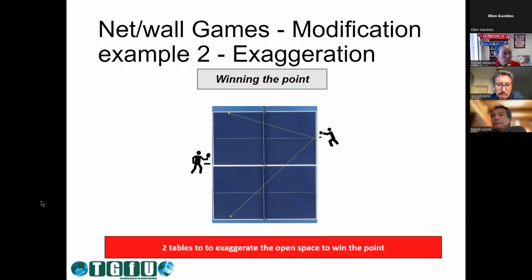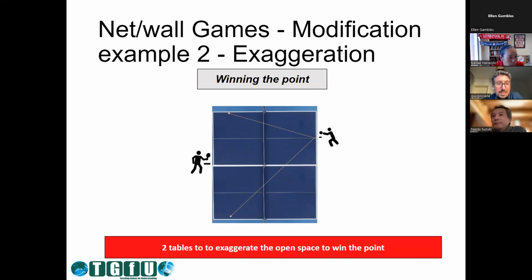Now I'm going to explain a little bit about another way to modify the game, the modification by exaggeration. The goal is to modify the game to emphasize something we want to teach. Let's look at this first example, a table tennis class in which I use two tables, one next to the other, to make the empty space more evident.